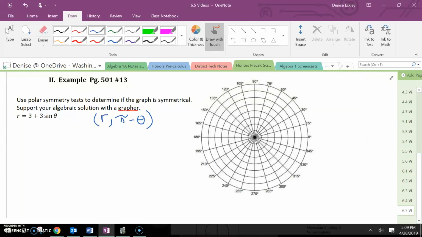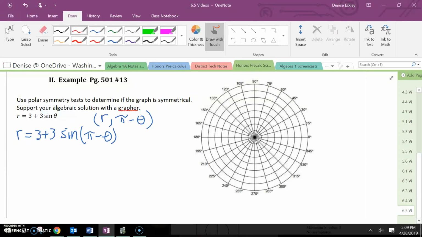And that should give us the original equation back, so we can see that it is symmetrical. So replacing theta with pi minus theta, we're going to have r equals 3 plus 3 times the sine of pi minus theta.